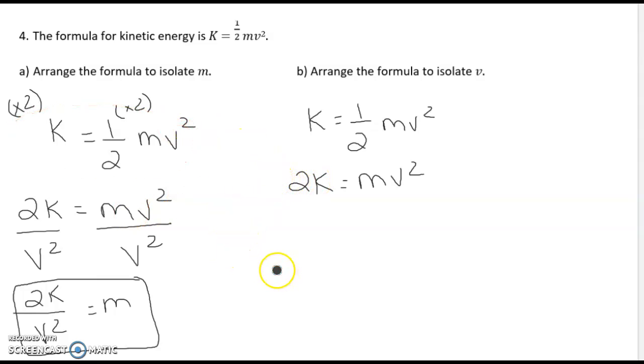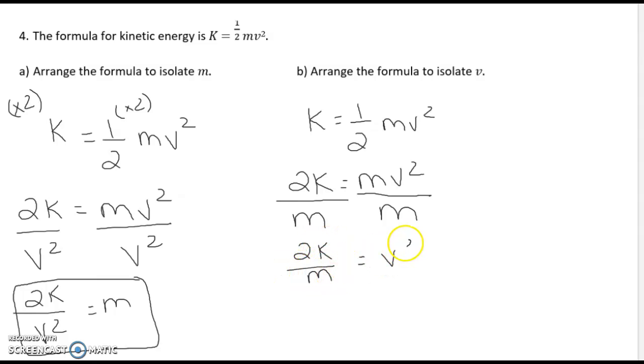Now, we want to get v all by itself. So now we have to divide by m because it's multiplied by m. If you do it on one side, you have to do it to the other side. So we're left with 2K divided by m equals v squared. Now this one is a little tricky. Because we have the squared, the opposite of square is square root.